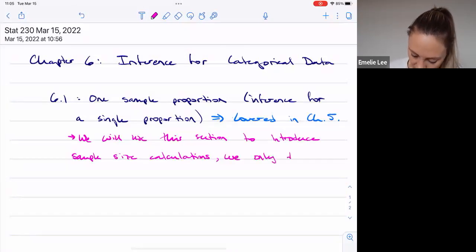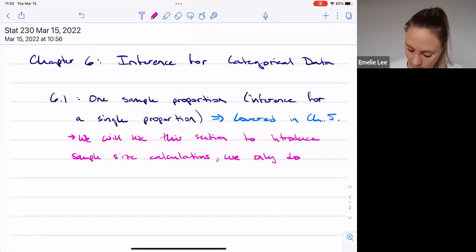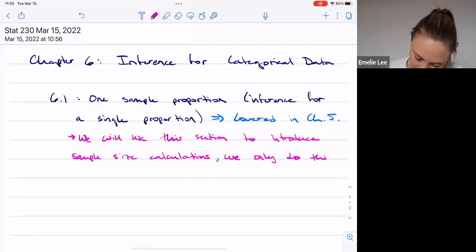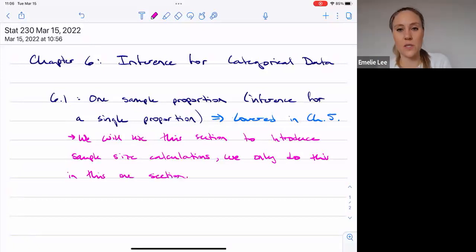We only do this in this one section, so we will only be able to do a sample size calculation in a one sample proportion scenario. But that's okay.